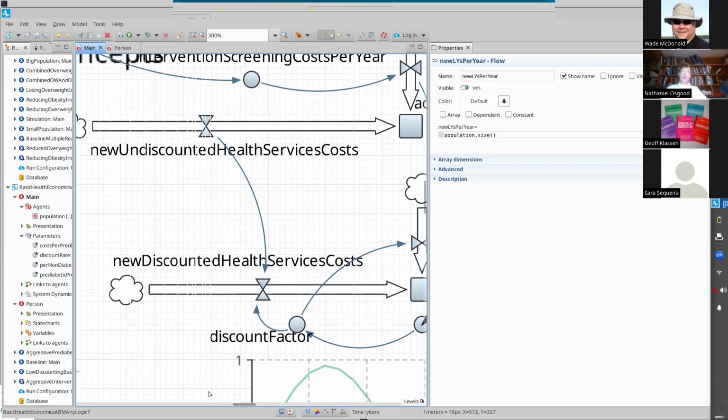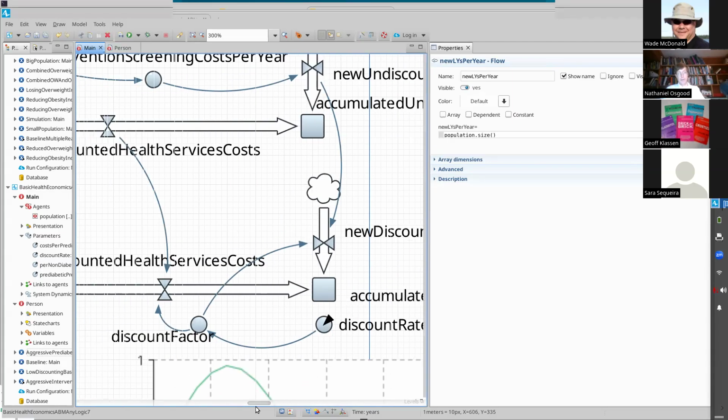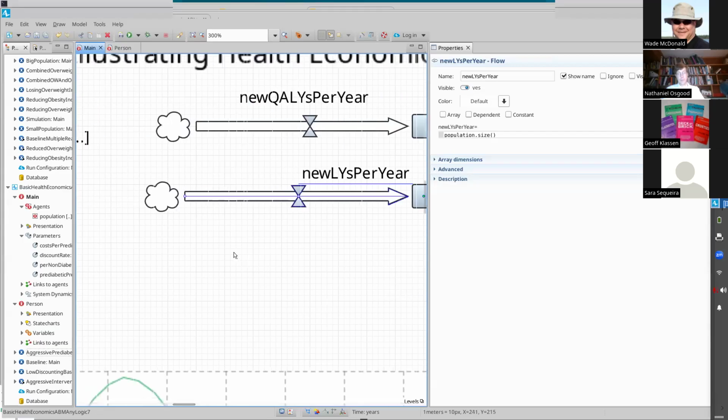So you remember that there were a large number of costs borne per year. And those are the things that flow into these states. I'm just totaling up per year state.